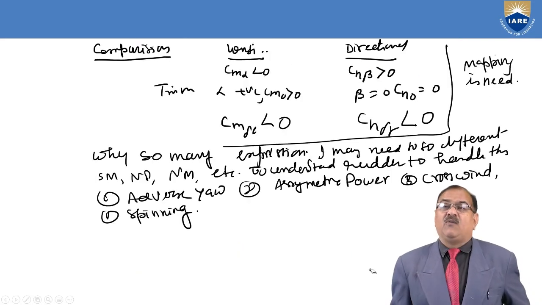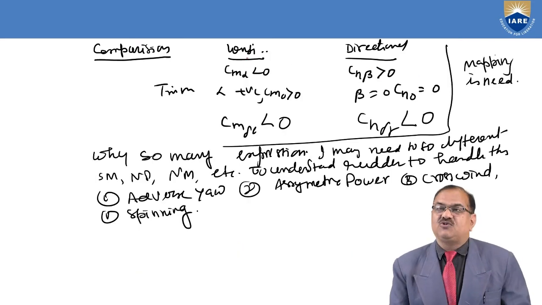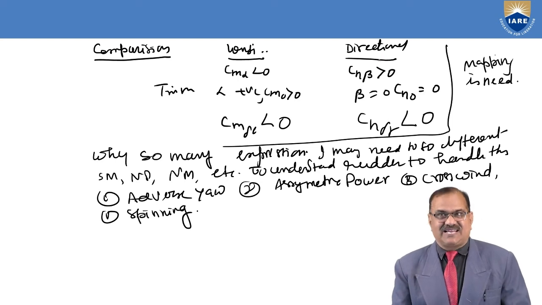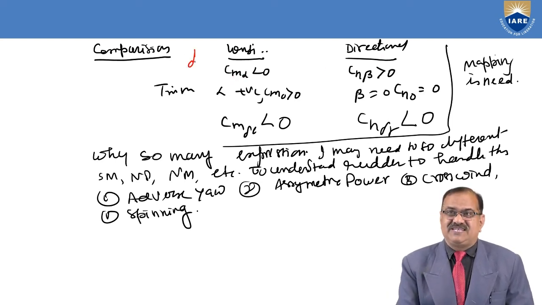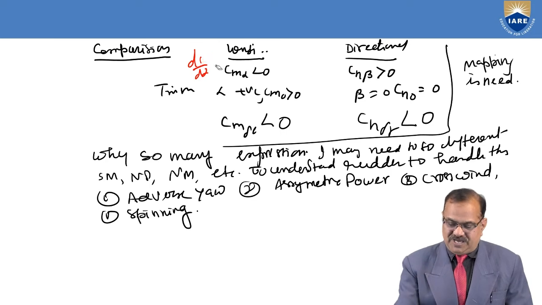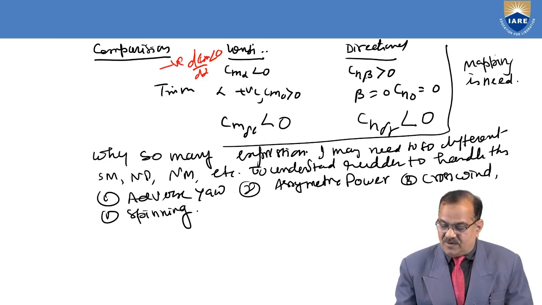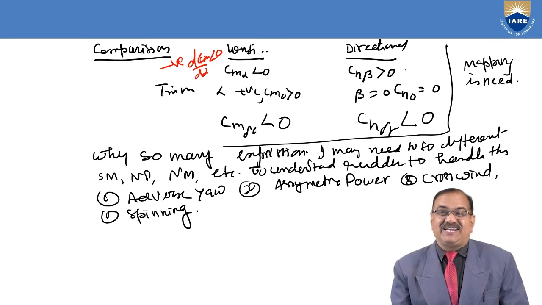So we can now compare the longitudinal case and the directional case. For the longitudinal case, C_mα, which is dC_m by dα, should be less than 0, that is, negative. But C_nβ should be greater than 0, that is, positive.